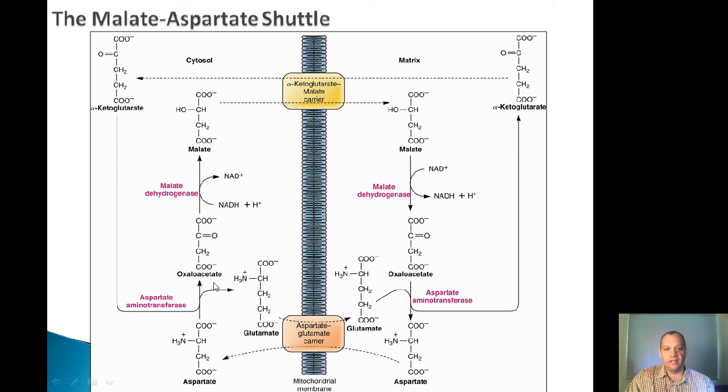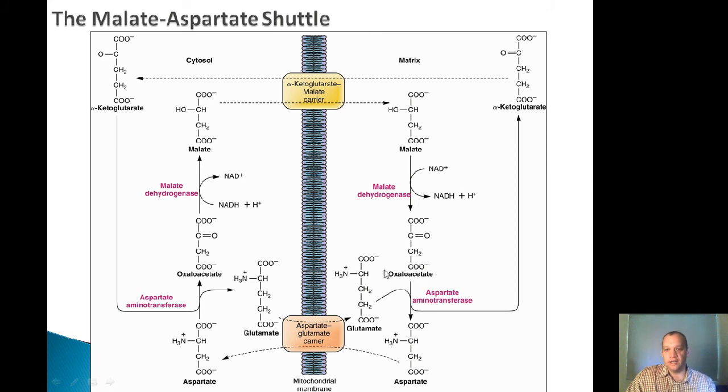So on the cytosolic side, there will be more oxaloacetate, so the reaction of oxaloacetate to malate is more favorable, and this allows malate to be formed in the cytosol so that it can be carried in. But on the matrix side, the reaction of malate towards oxaloacetate is the favorable reaction, and this allows oxaloacetate to be formed and the electrons to be harvested.